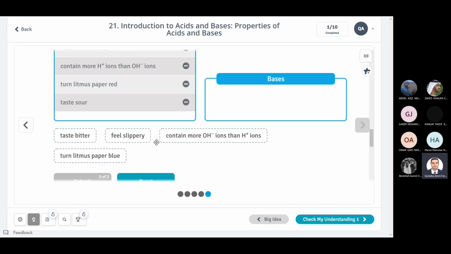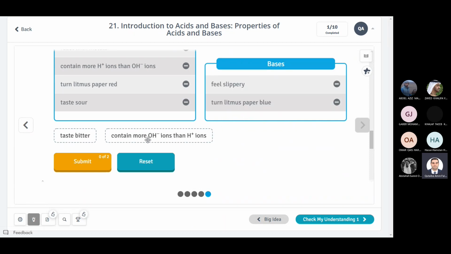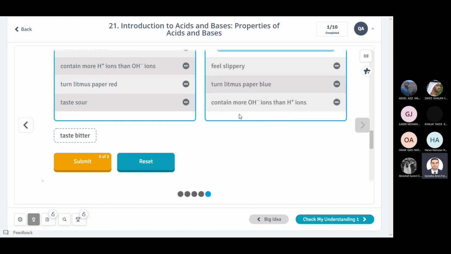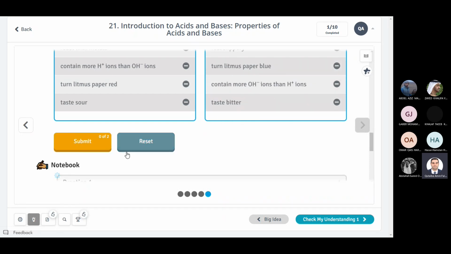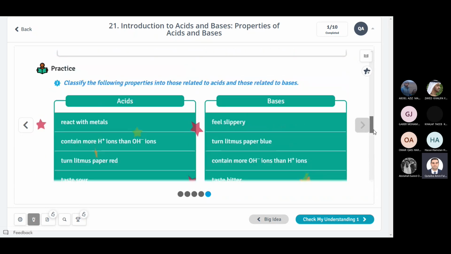The base feels slippery like this, like something slippery, like soap. Turns litmus paper blue. It has more hydroxide. It tastes bitter. That's good practice.